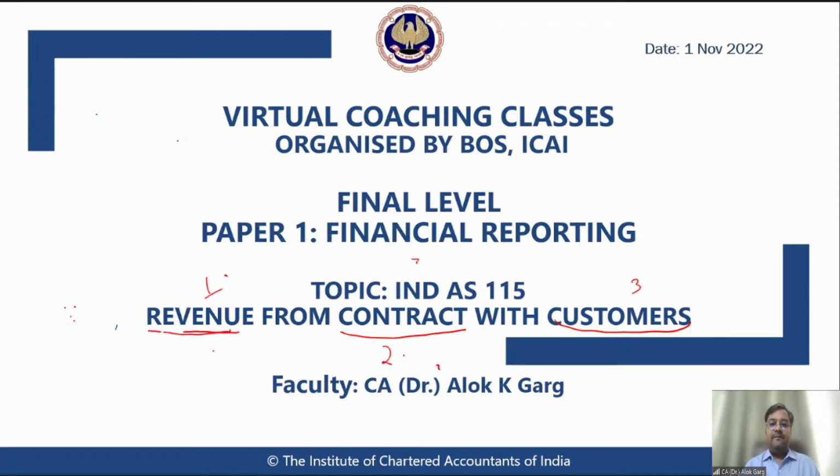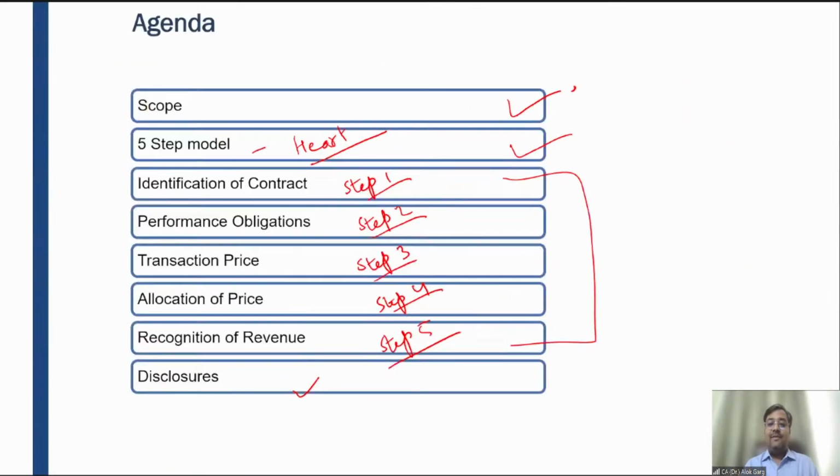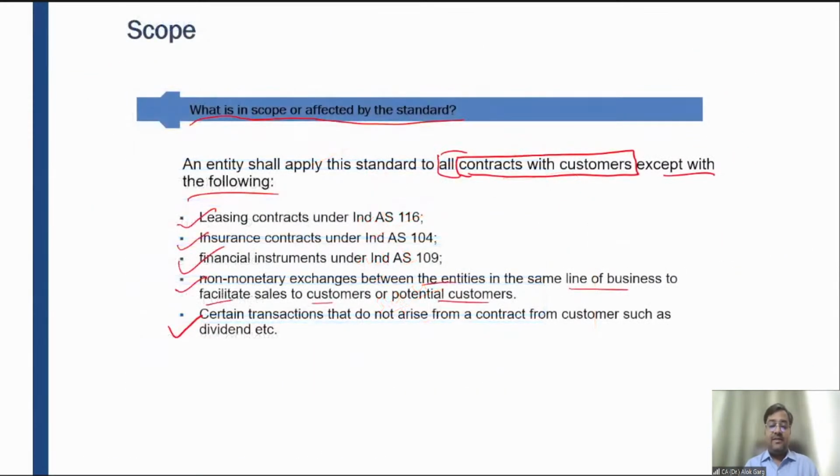agenda for today, right? So Ind AS 115, as the name suggests, is revenue from contracts with customers. In the first class, we understood very well the meaning of revenue, the meaning of contract, and the meaning of customers, right? So in a nutshell, any contract with a customer, if that contract will give revenue, then only it will be covered under Ind AS 115, subject to some negative list or some exceptions which we have read in the standard.